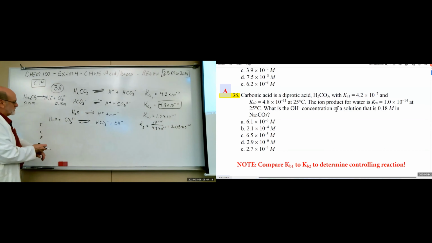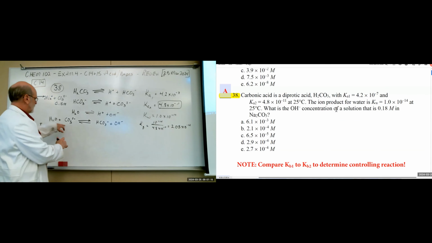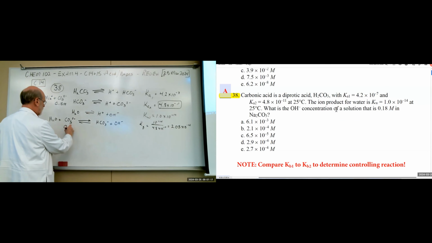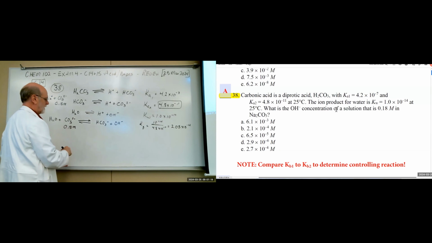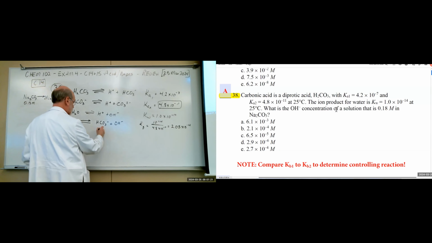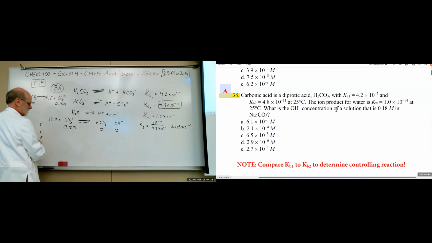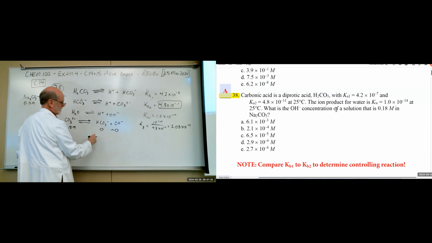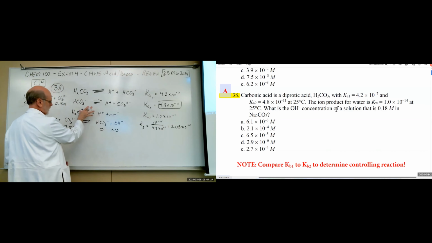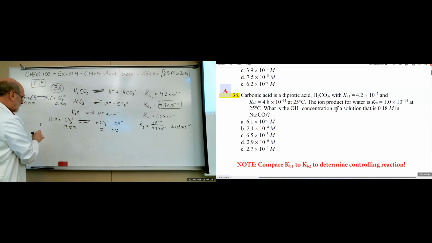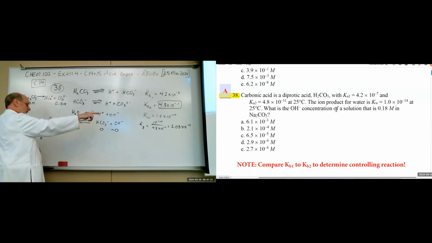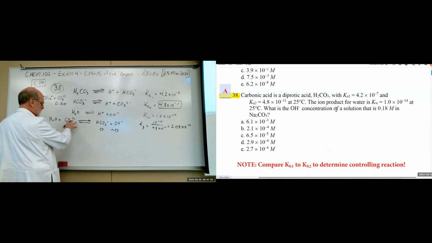Okay, what's the initial concentration? Well, water doesn't count. The initial concentration here is 0.18 molar, right? And we're saying that we're starting off with essentially nothing there, because there will be a little bit there because of the water. But what's the change? Well, we know it has to go that direction. So how many are we going to lose here?